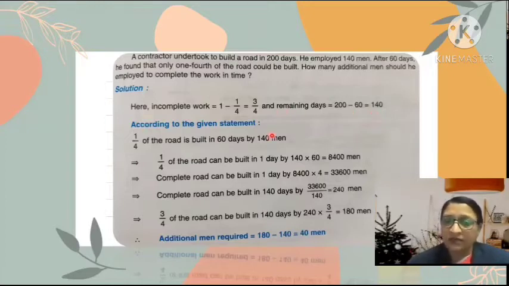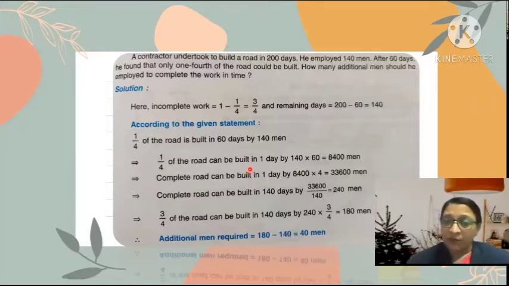So according to the given statement, 1/4 of the road is built in 60 days by 140 men. So 1/4 of the road can be built in one day by 140 into 60 men, that is 8,400 men.